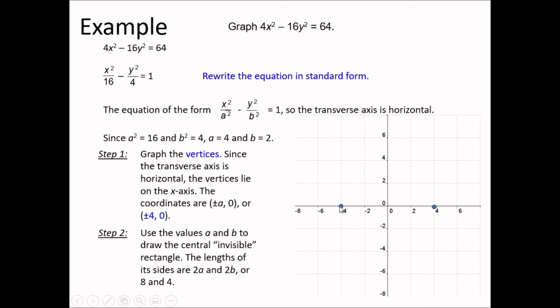So, from here, from 0, negative 4, magbibilang tayo ng 2 units kasi yung b natin is 2. So, 1, 2. Diyan siya. And then, from this vertex to down. And ganun din siya dito, 2, 2, 4, 4. So, yan ang kakalabasan niya.